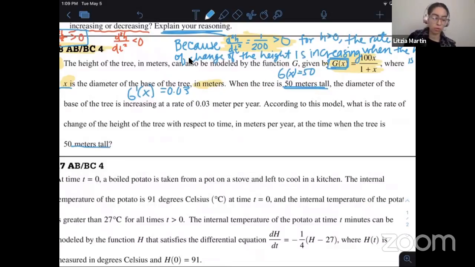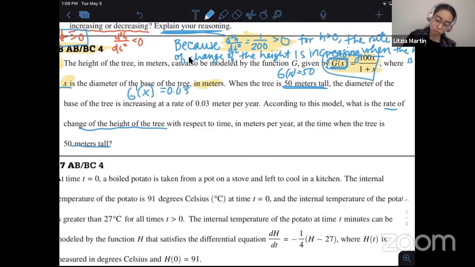So we need to figure out what is the rate of change of the height. We need to figure out what is g prime of x, right? So this g of x, we need to take the derivative of it. It's a quotient rule, so I'm going to start with the bottom. We've got low, d high.